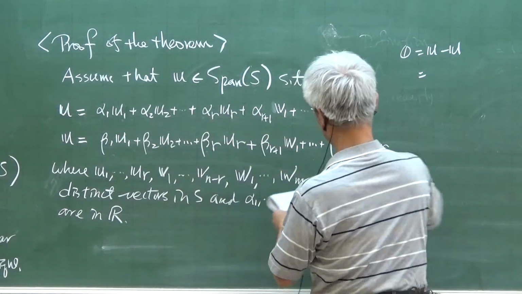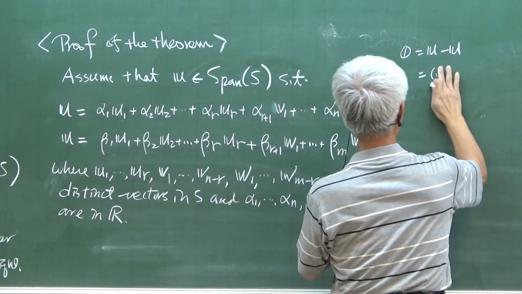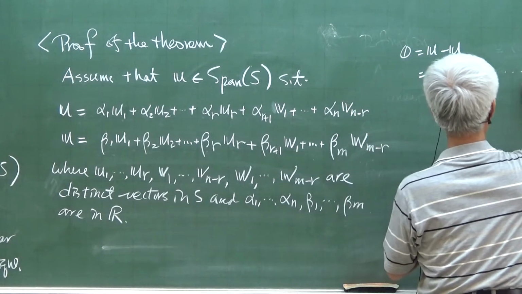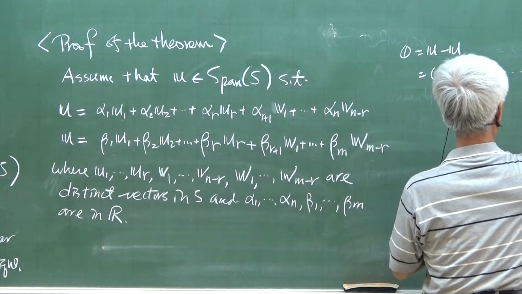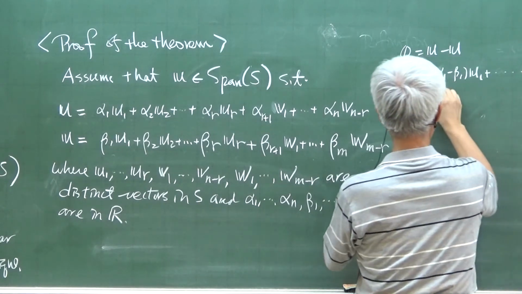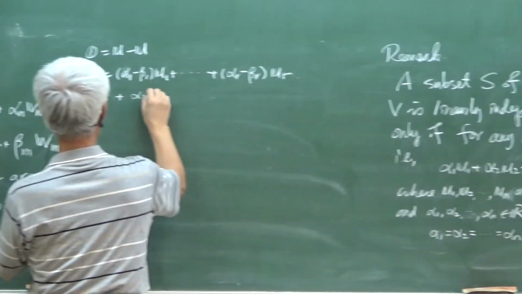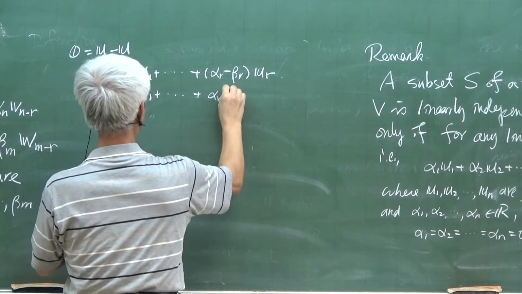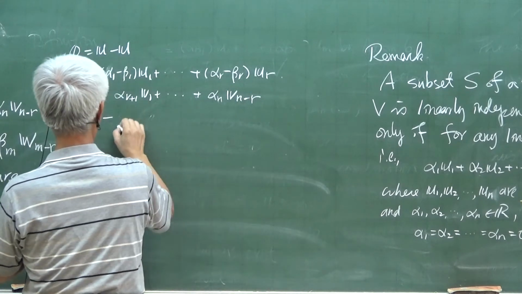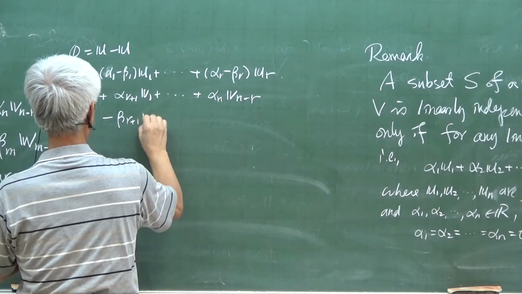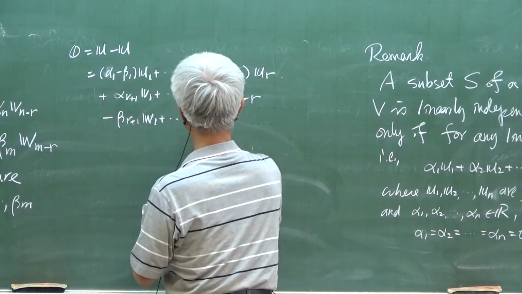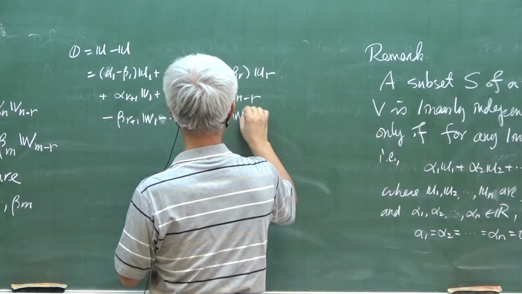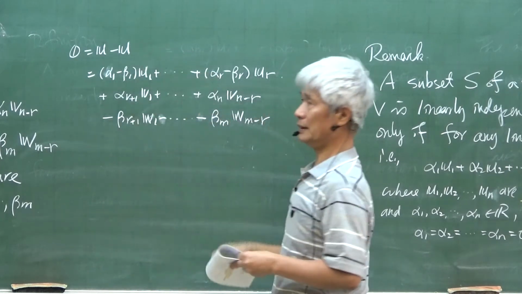So now we have alpha 1 minus beta 1, u1, plus ..., plus alpha r minus beta r, ur, plus alpha r plus 1, v1, plus ..., plus alpha n, v n minus r, minus beta r plus 1, w1, minus ..., minus beta m, w n minus r. Alright, so I just write it down here.